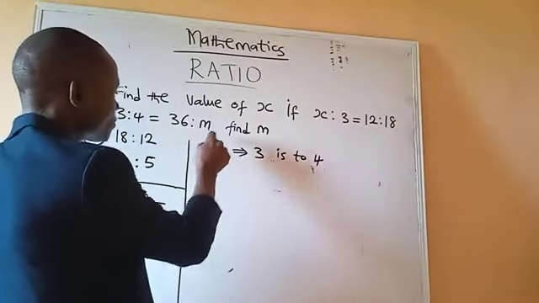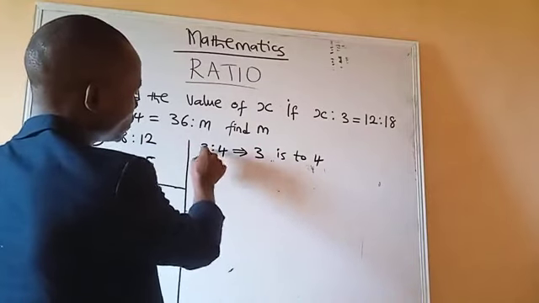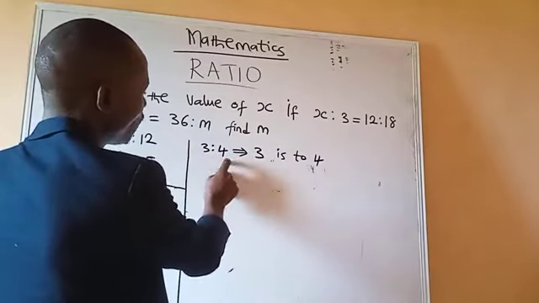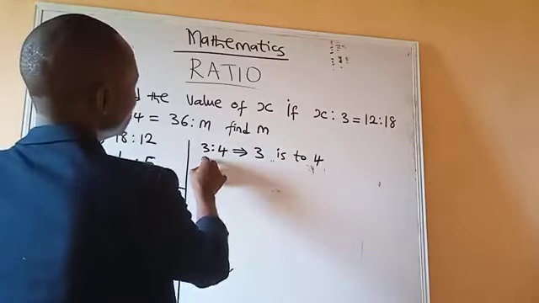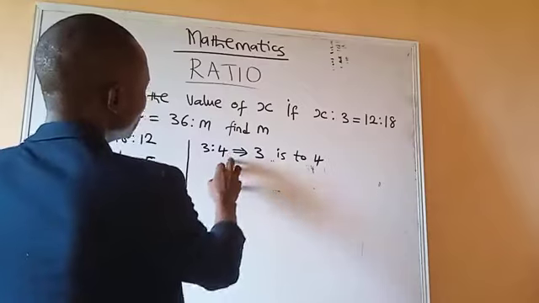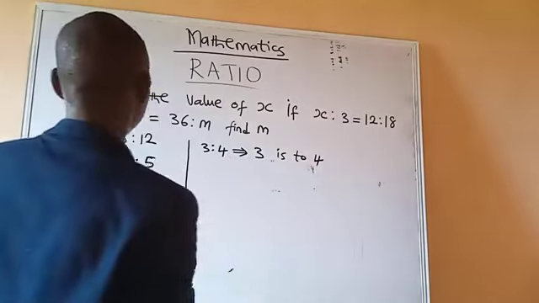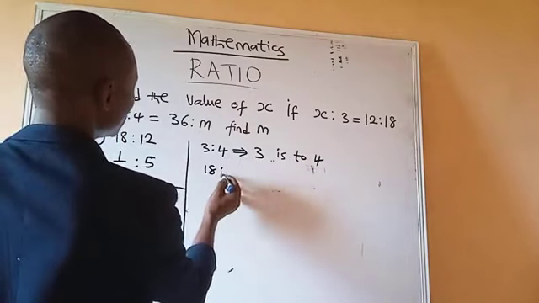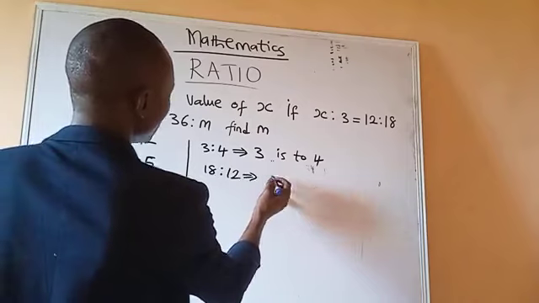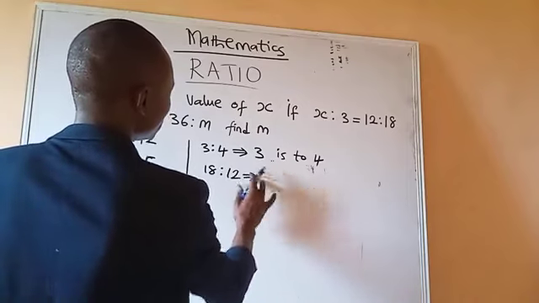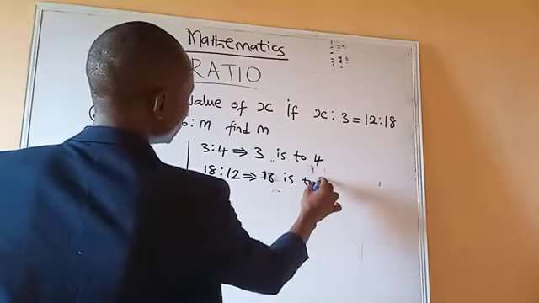3, this is colon. 4. In English, it is colon. 3 colon 4, or double dots, or double points. Is equal to this interpretation. 3 is to 4. If I give you 18, I'll put these 2 dots, 12. What it means is 18 is to 12.